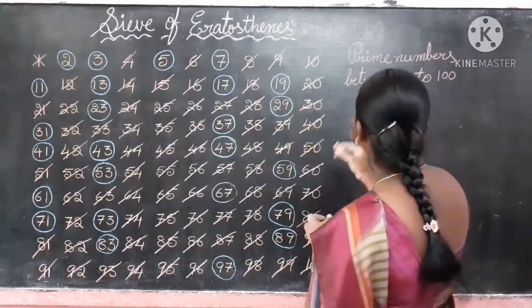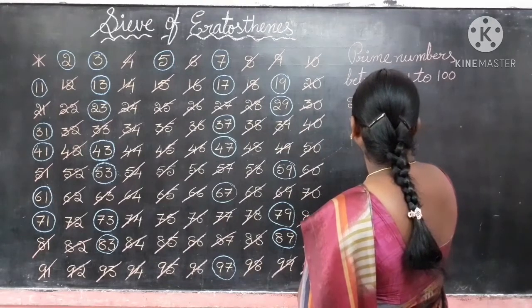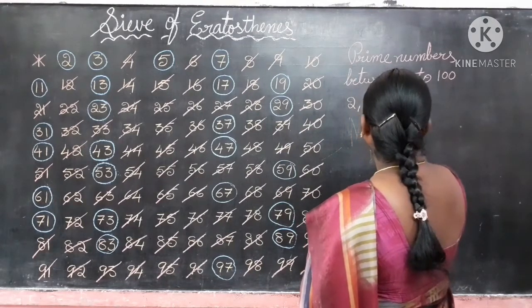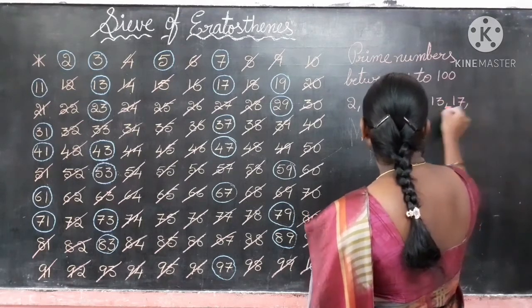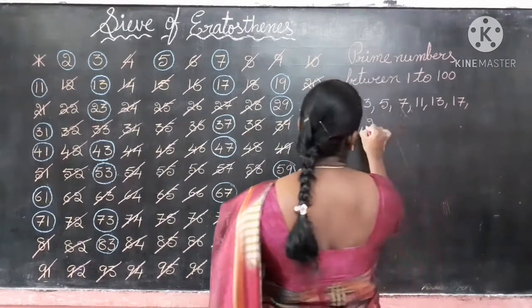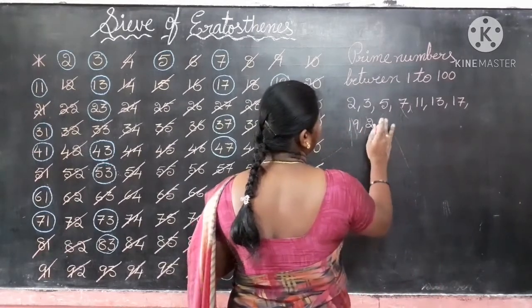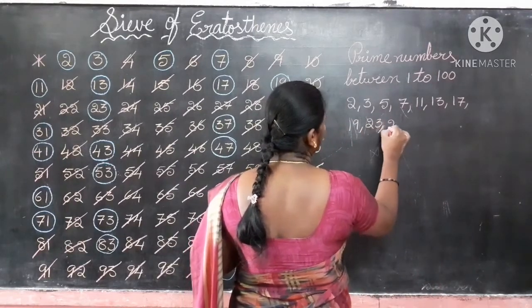What will be? 2, 3, 5, 7, 11, 13, 17, 19, 23, 29.